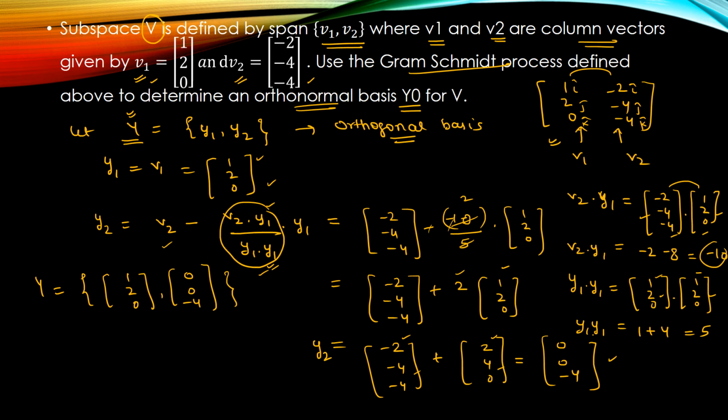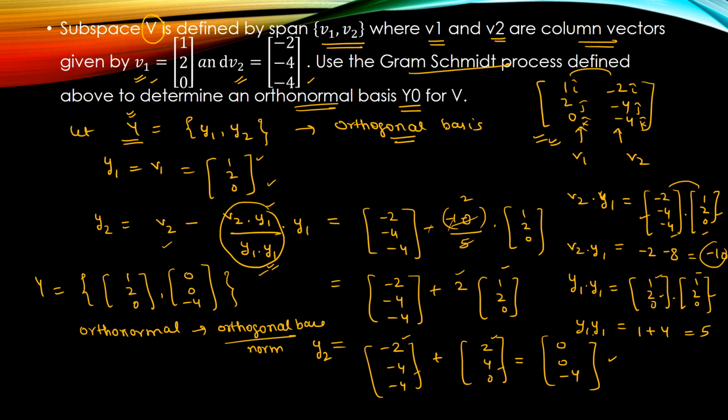Remember, I haven't written it here as orthonormal, and the question is asking for orthonormal. So I'll explain how we can convert orthogonal into orthonormal. For orthonormal bases, you have to divide the orthogonal base, which is formed from these vectors, by their norms. What do we mean by the norm or length of a vector?